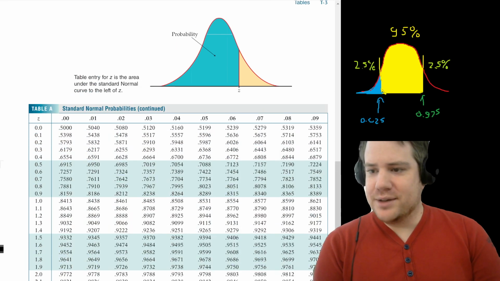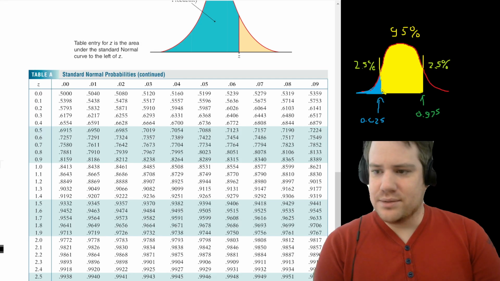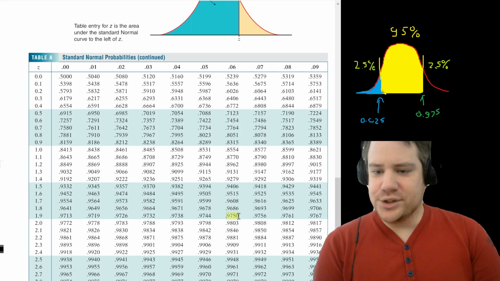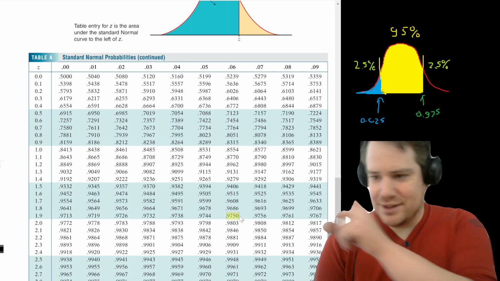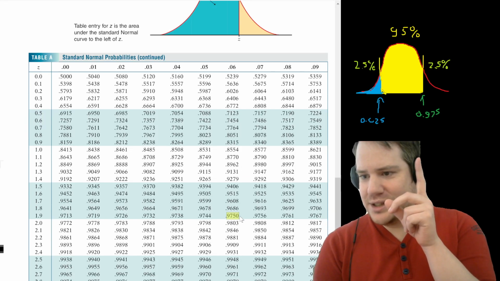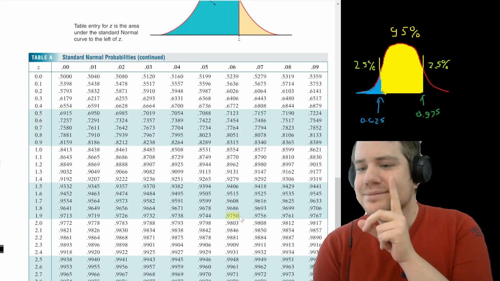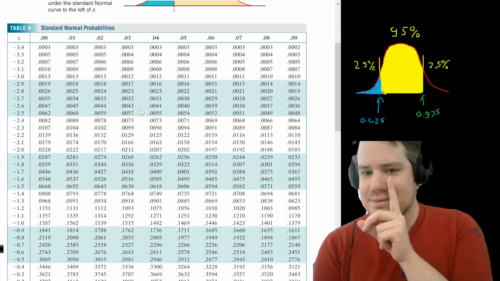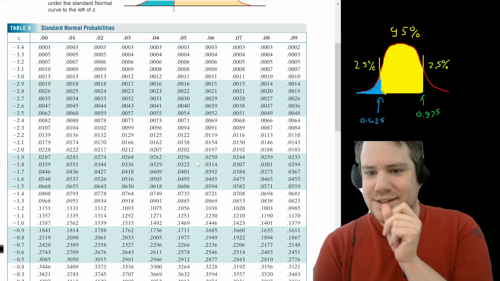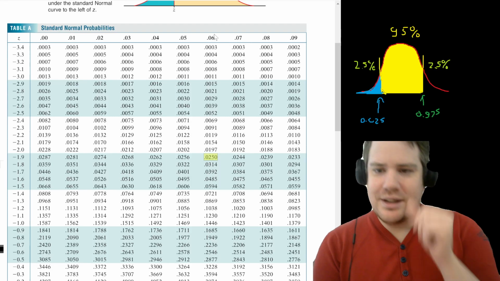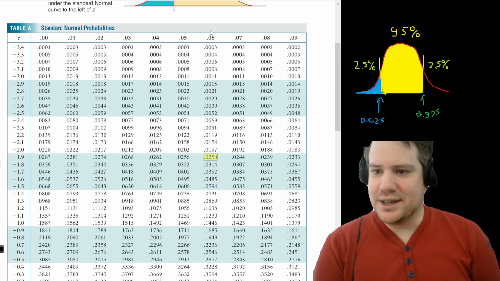And also note, by the way, for this one we looked up 0.975 to determine that it's 1.96. But you might ask, okay, but why do we look up the 0.975 and not 0.025? Well, if we look up 0.025, then you get minus 1.96.